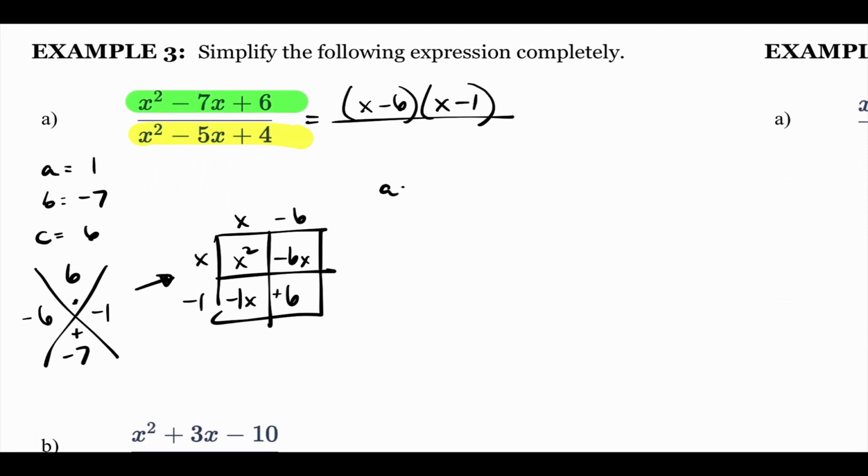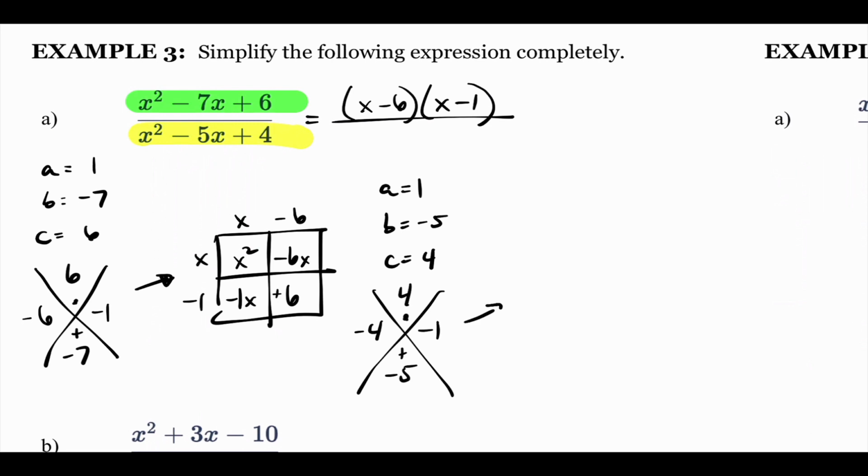So the bottom, A is 1, B is -5, C is +4. So 4 and -5, I get -4 and -1.